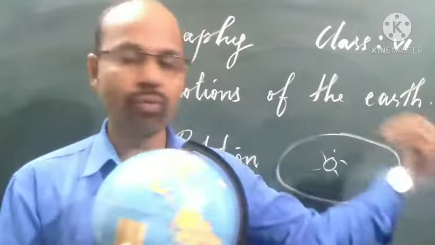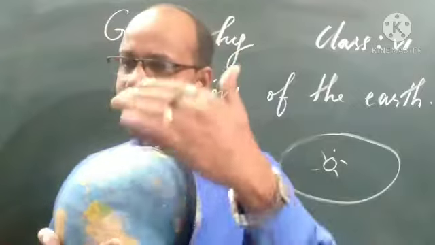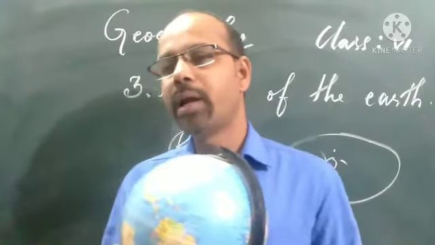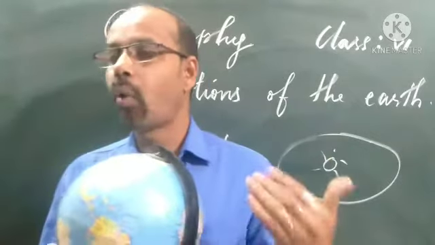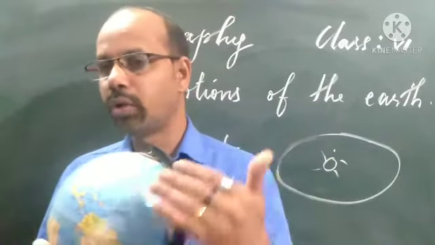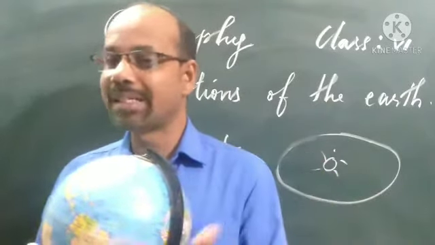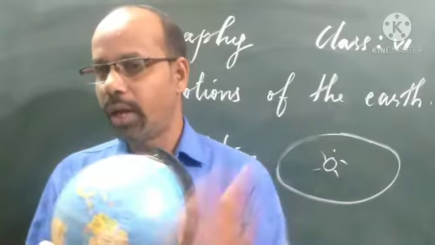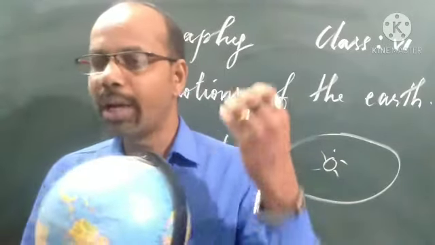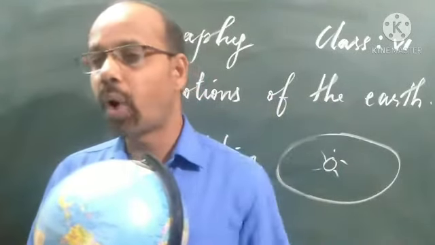When it completes one revolution, exactly when we take the time, we can find 365 and a quarter days to revolve around the sun. We consider a year consisting of 365 days only. Every year we consider 365 days. But actually, exactly, there are 365 and a quarter days.